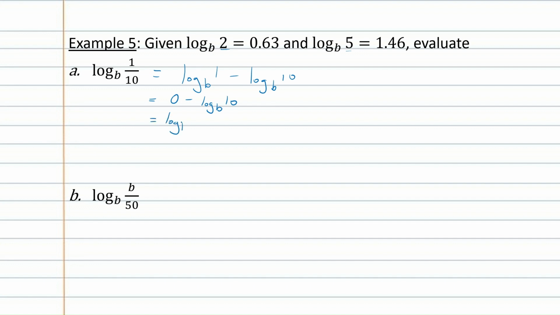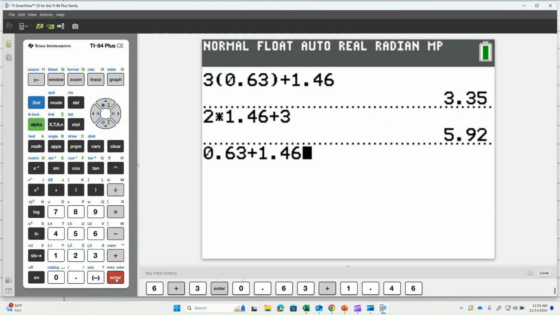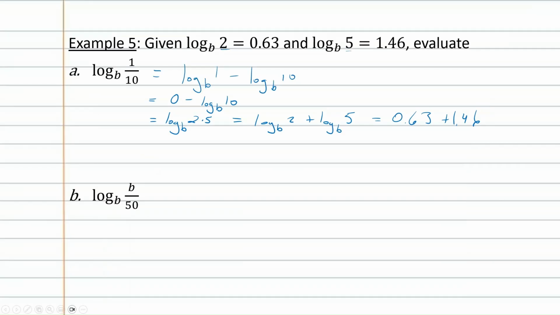Got the log base b of 2 times 5, because that's the same thing as 10, which I can then break up into the log base b of 2 plus the log base b of 5, and then substitute their respective values. 0.63 plus 1.46, and I can use my calculator to add those two things together. Looking at 2.09.